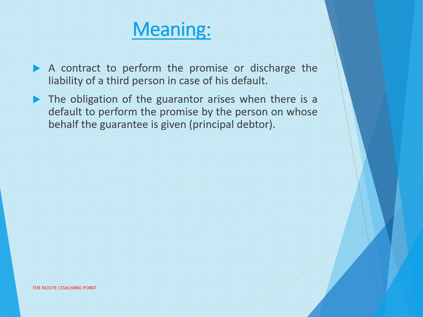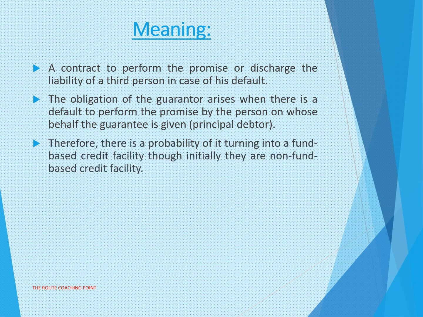The obligation of the guarantor arises when there is a default to perform the promise by the person on whose behalf the guarantee is given. So the obligation will arise when the applicant, the customer of a bank, does not keep his promise, then only the bank has to pay. Therefore, there is a probability of it turning into a fund-based credit facility, though initially it is a non-fund-based credit facility.